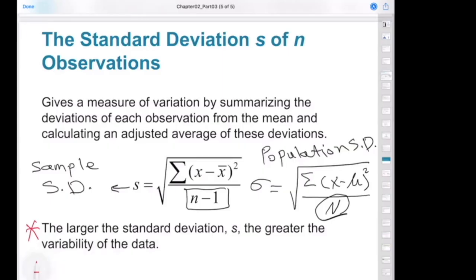So that means if you have two groups of data and they have the same center, the same mean, you can compare the variability by the standard deviation. Okay? But I said we have one condition. What is this condition? Both groups have the same center, the same mean. So you can use the standard deviation to compare the variability between them. Okay?